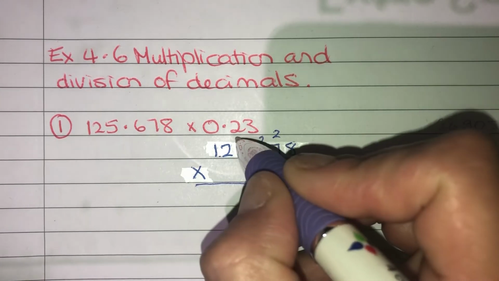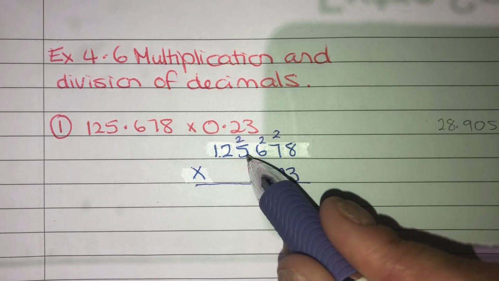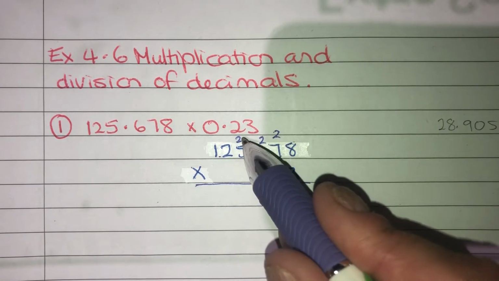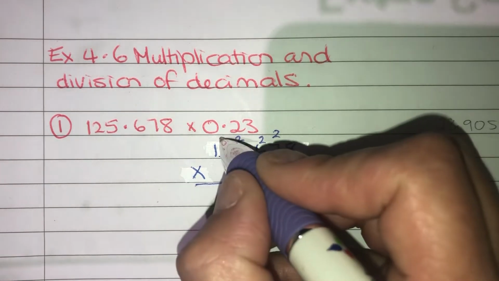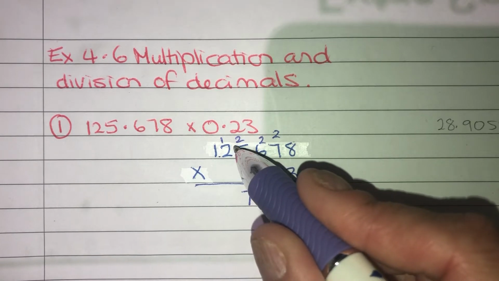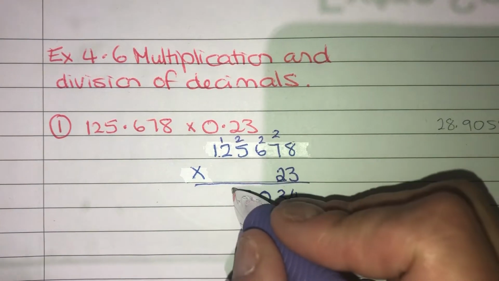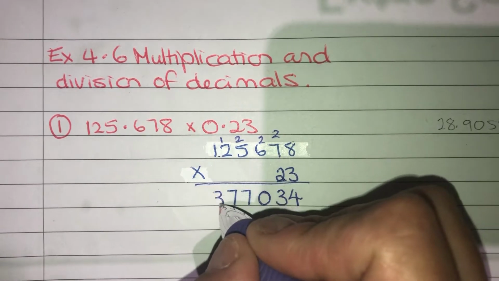Put down the 0, carry the 2. 3 times 5 is 15. 15 plus 2 is 17. Put down the 7, carry the 1. 3 times 2 is 6, plus 1 is 7, and 3 times 1 is 3.